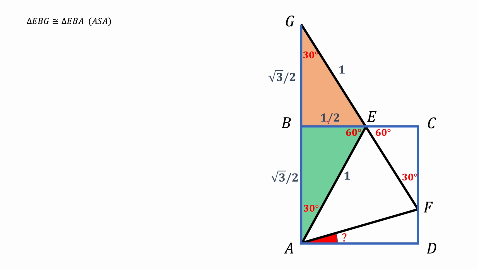That side will be the side BC minus BE, and that gives us square root of 3 minus 1/2. And that's the leg in this triangle that is opposite of the angle of 30 degrees. That means this leg is half of the hypotenuse. And hypotenuse EF is double that leg, and that is square root of 3 minus 1.